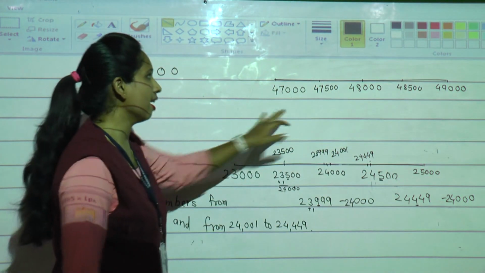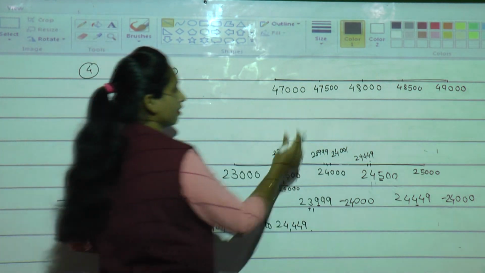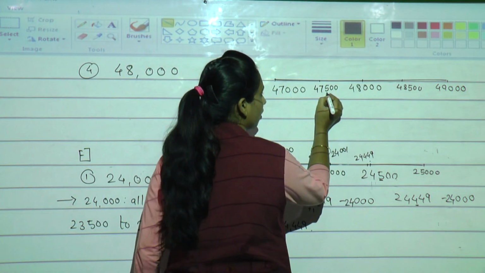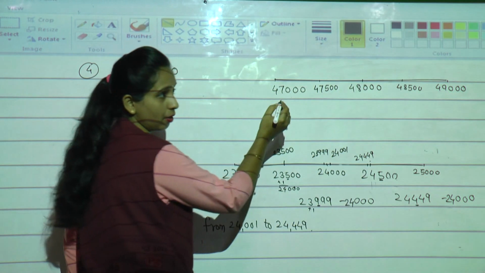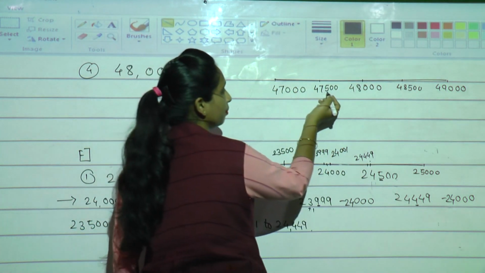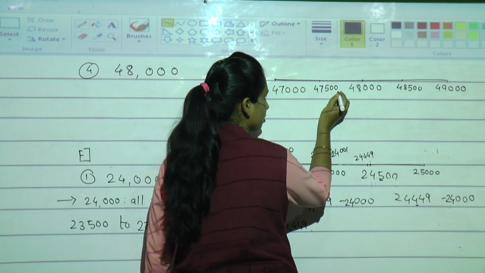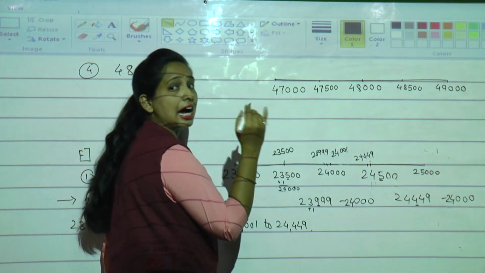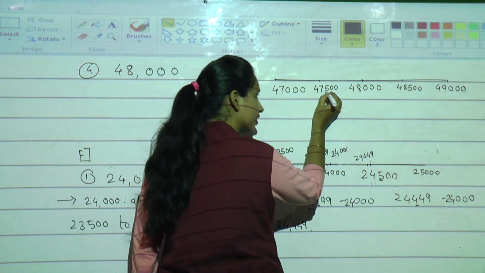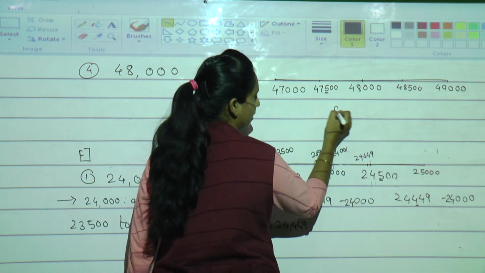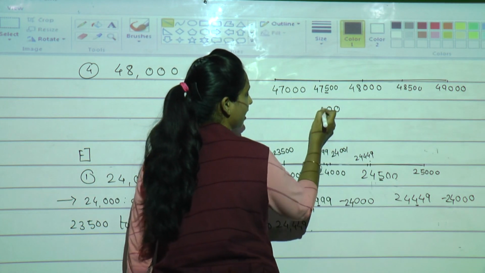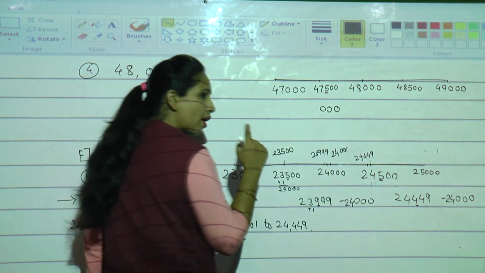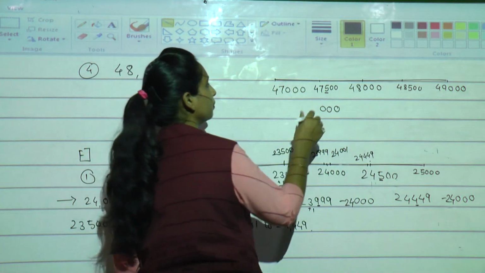So we can start taking numbers from 47,500, because now we will see the rounding of this number to the nearest thousand. Whenever it is the nearest thousand, look at the digit at the hundreds place and place zeros at the ones, tens and hundreds places. If it is 5 or more than 5, add 1 to the thousands place.